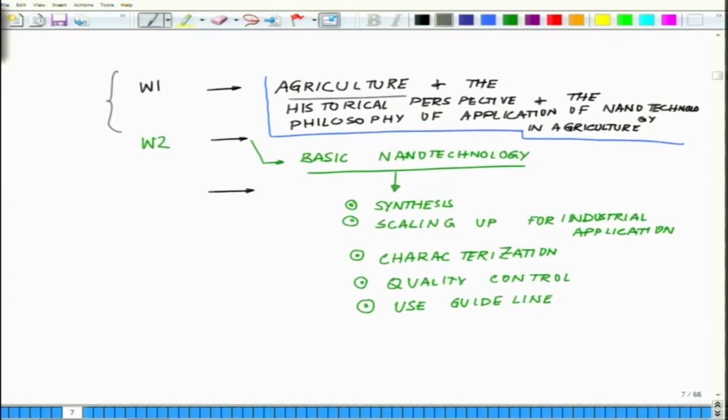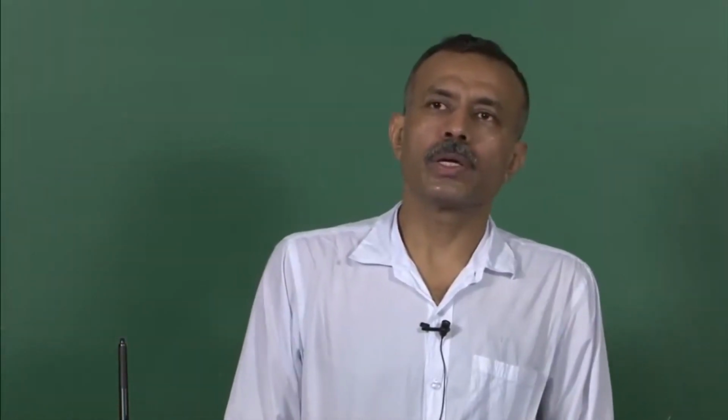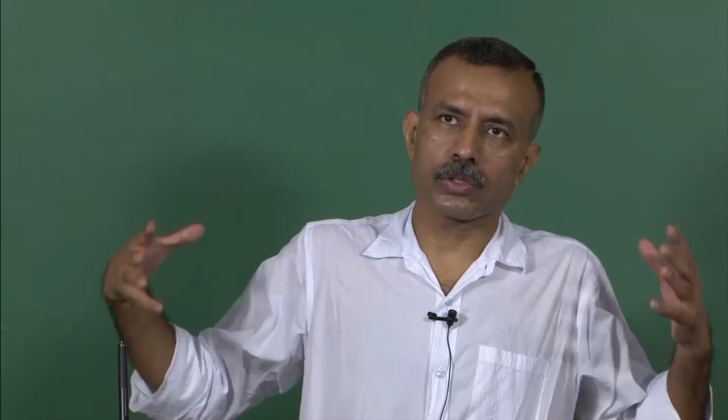The first week we will consume with what we are doing now, giving you a feel of the subject, because these are two diverse domains, nanotechnology and agriculture. One has to really understand how these things are going to merge together in future.